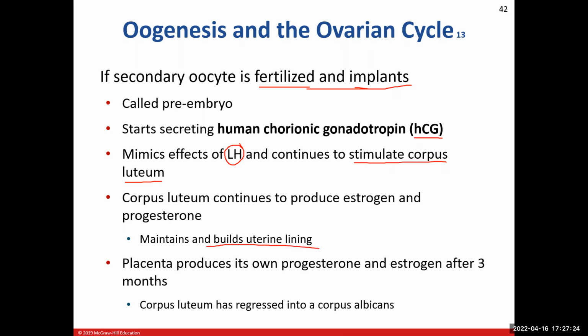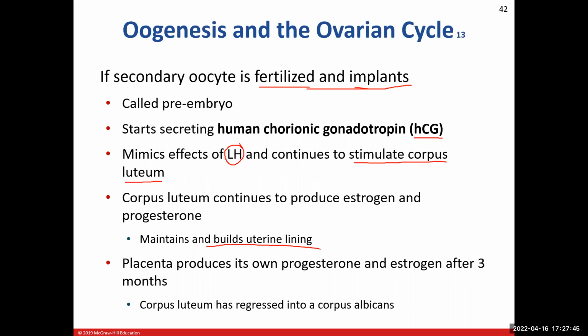Okay, we want to make sure we're doing everything possible for that implanted embryo, that preembryo, to thrive and start developing into a blastocyst. We'll get into all the different stages of development, but eventually into a fetus and then a baby.